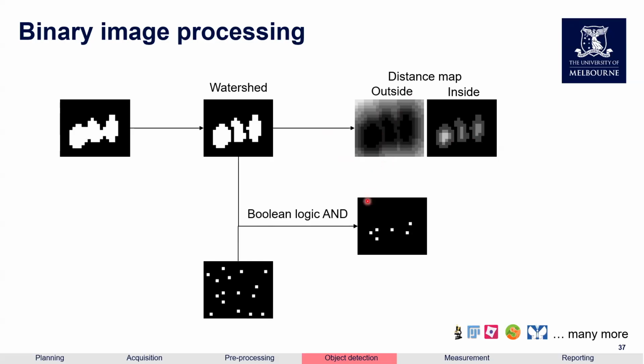We can also use some Boolean logic to filter the objects from the other images. In this case, it's using the Boolean AND function to find the spots that are only inside these objects. Then you can use that through binary image processing. I will cover some of this processing through the example workflows in the next part.